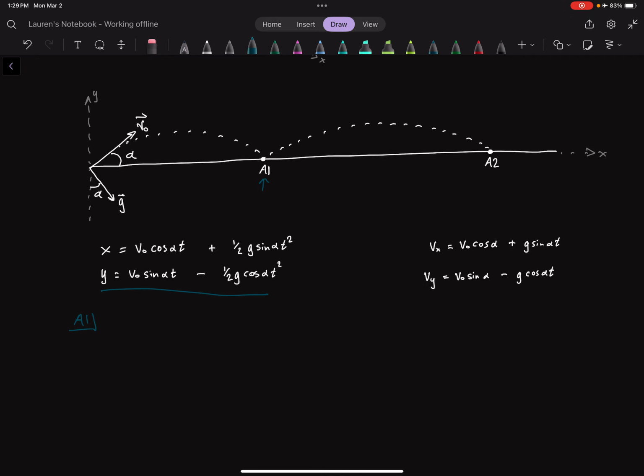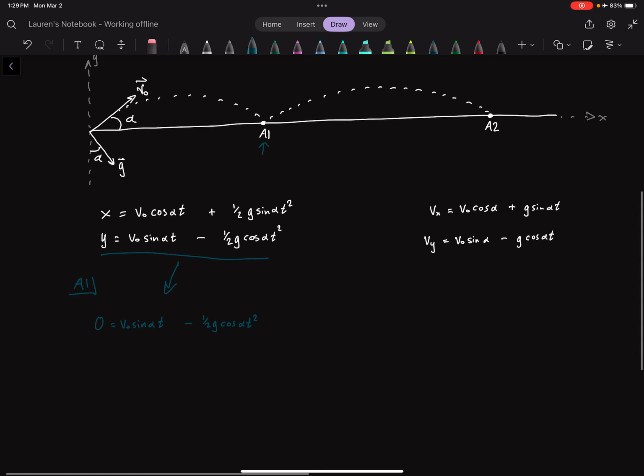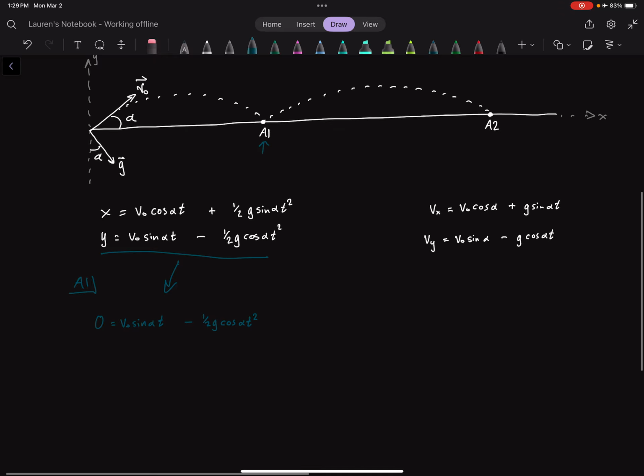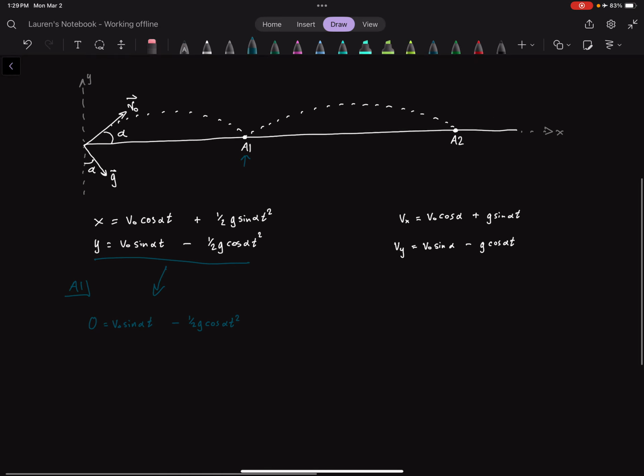So looking at this equation here, y is 0, and we have v naught sine alpha t minus 1/2 g cosine alpha t squared. And from this, we can find the time that the ball impacts at A1, use that time to plug in for the x, and then we found the distance to A1, right?